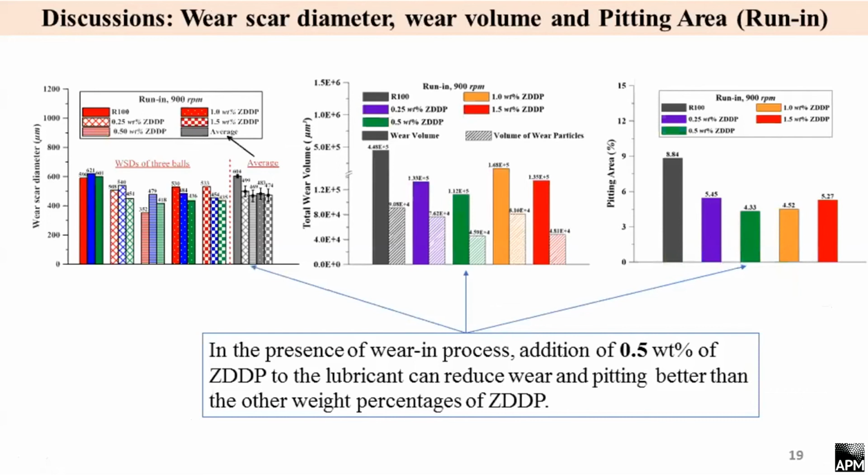From wear scar diameter, wear volume and pitting area in the case of running-in process, we obtain that the addition of 0.5 weight percentage of ZDDP to the lubricant can reduce wear and pitting better than the other percentages of ZDDP.